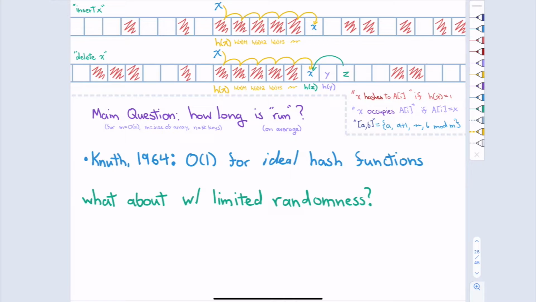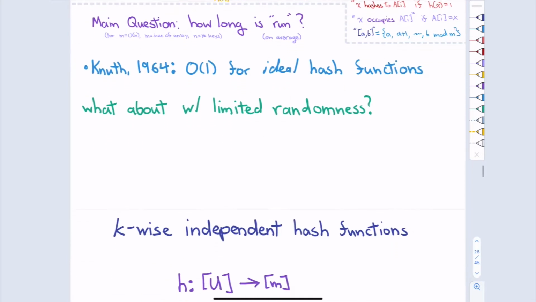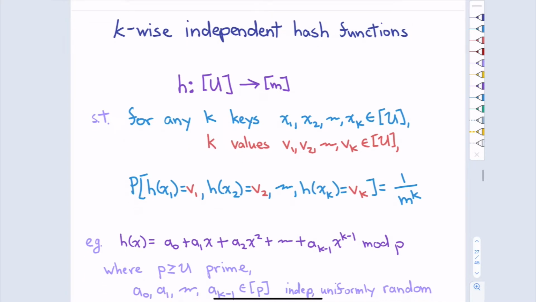And he showed that you get constant time performance when the size of the array is a constant factor bigger than the number of keys. So maybe in some sense this is the first algorithm to be rigorously analyzed. That's from 1964. But I left open this question about limited randomness: what happens when you're using more realistic hash functions like universal hash functions? All right, so let me explain then.